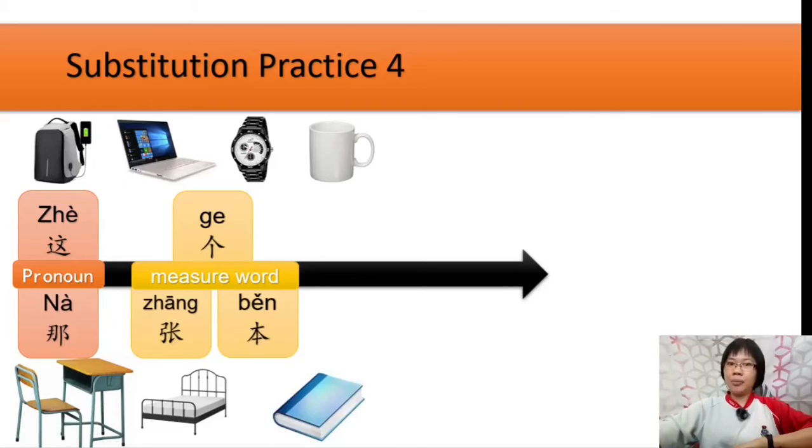Kalau salah jodoh, masalah ya. Never ever dialect translate measure word from your mother tongue or other languages.